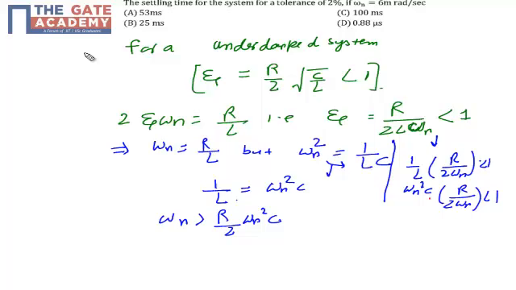If you shift the omega n to this side, you will get omega n is greater than R by 2 times omega n squared C.